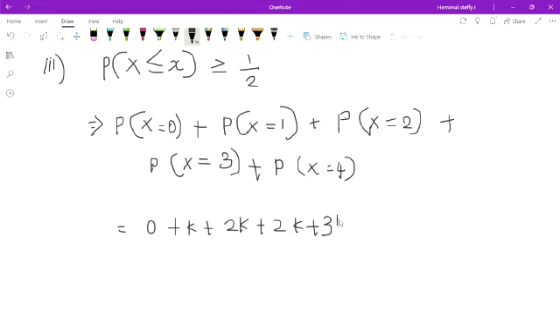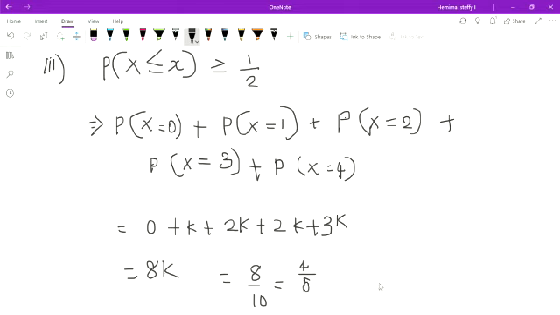It gives 8k. So what is the k value? K value is 1 by 10. So 8 by 10. I'll change it to the simplest form. It gives 4 by 5.